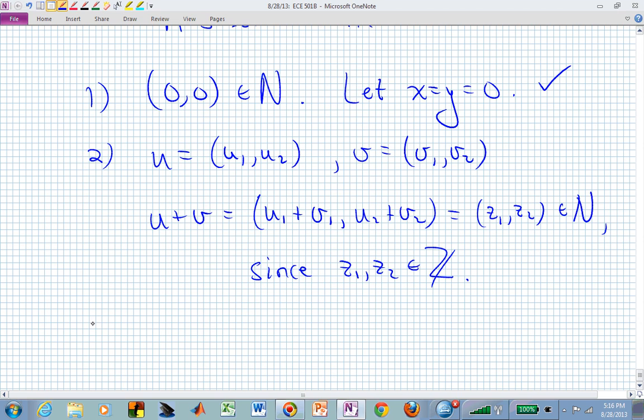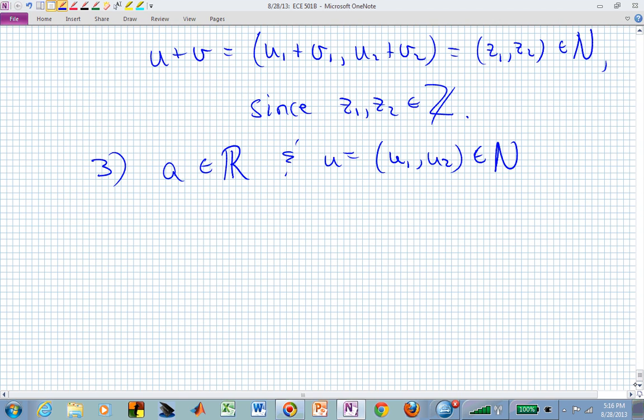Now, is it closed under scalar multiplication? A now can be all of the real numbers. That's our scalar. And let's take u equal to (u1, u2), which is in our subset of integers, which we called N. So we're pulling that from our set of vectors.